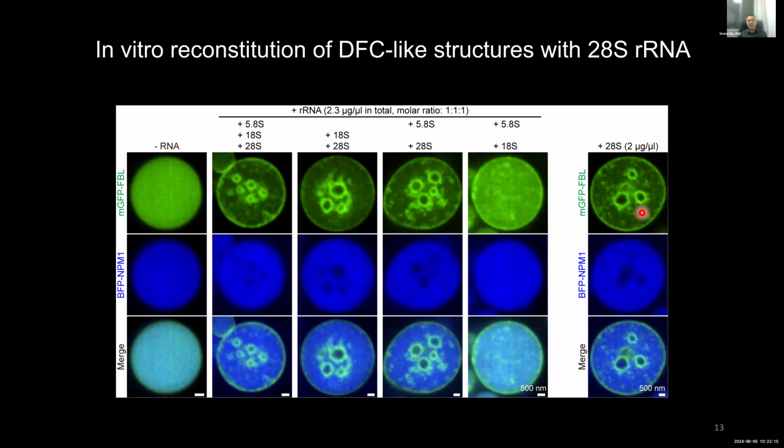So we concluded that the 28S RNA is very critical for the induction of DFC-like structures in vitro.